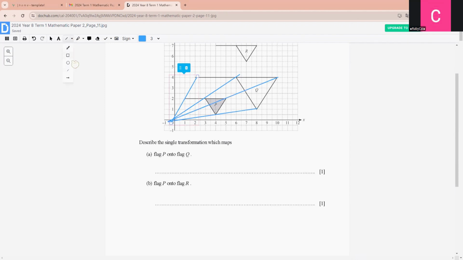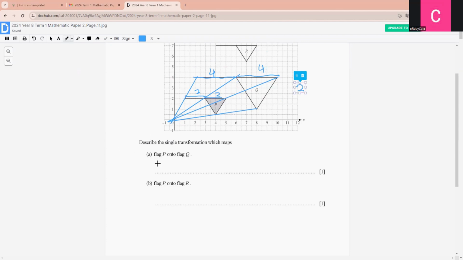And the next thing is to find the scale factor. So from here we can see that this part is 2 units, and this part is 4 units. And this part is 2 units, this part is 4 units. From that we can see that the scale factor is 2.